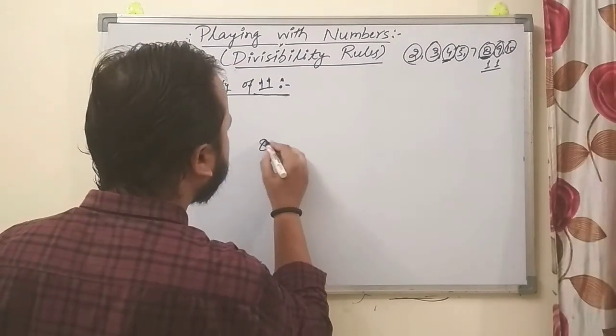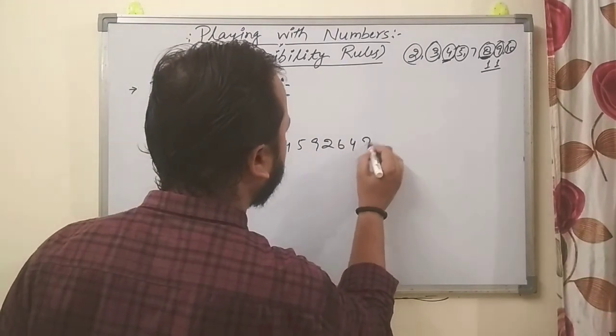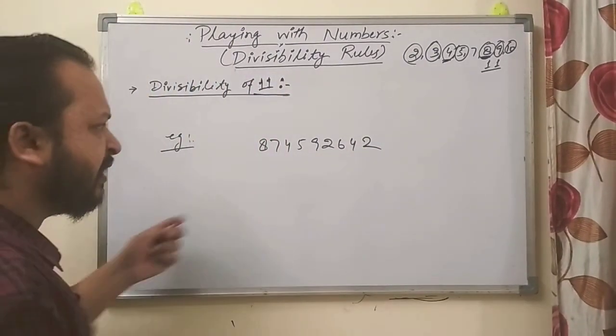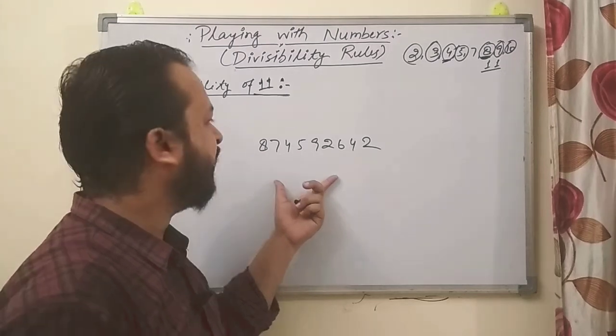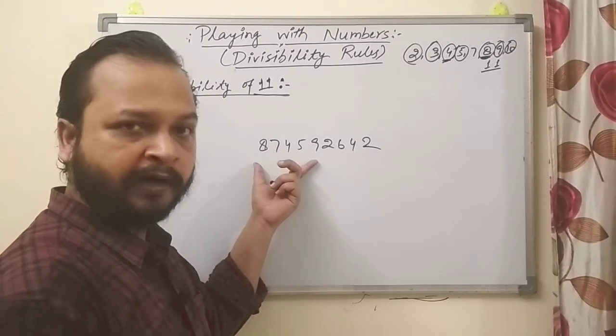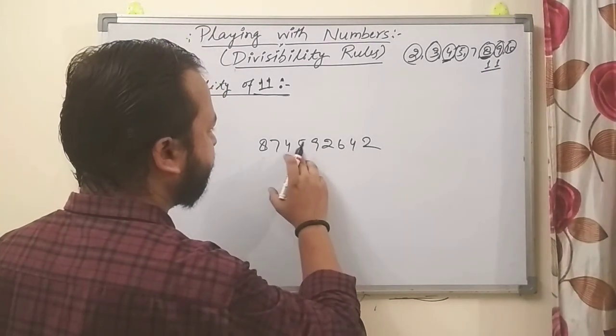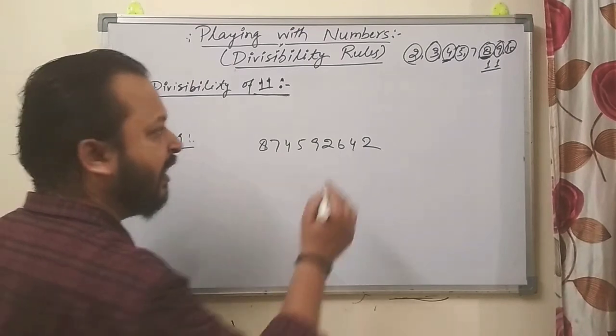Suppose a number is 874592642, and we have to find out whether this number is divisible by 11 or not, right? So there are 1, 2, 3, 4, 5, 6, 7, 8, 9 digits.